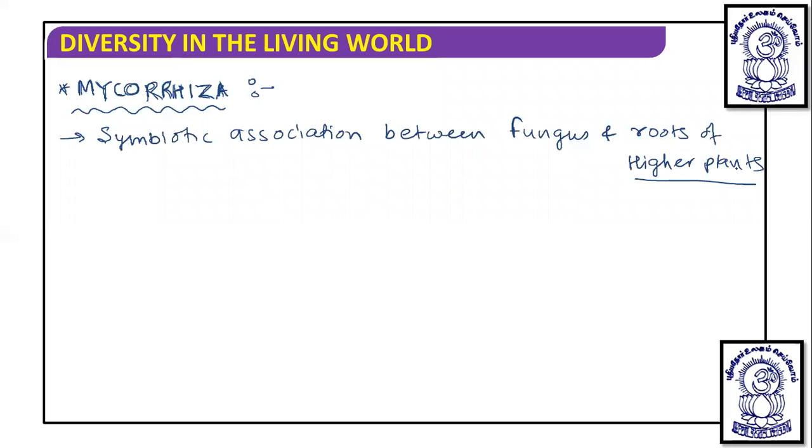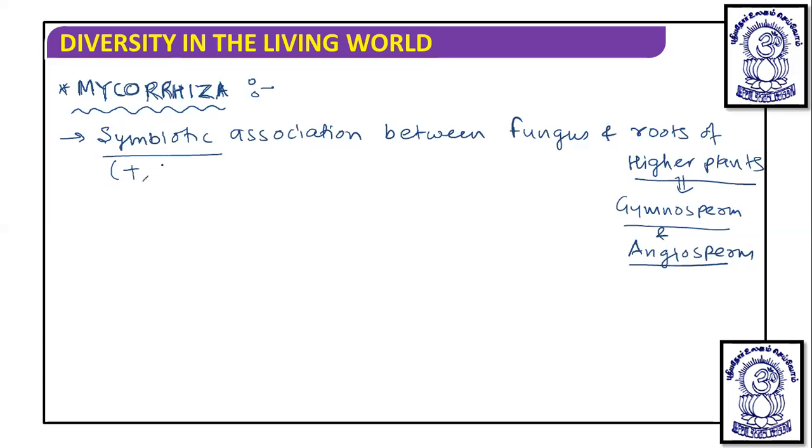Here higher plants means gymnosperm and angiosperm. Whenever a fungus shows symbiotic association with gymnosperm and angiospermic roots, it is a mycorrhiza. It is a mutually beneficial association to both the fungus and the roots of the higher plant.